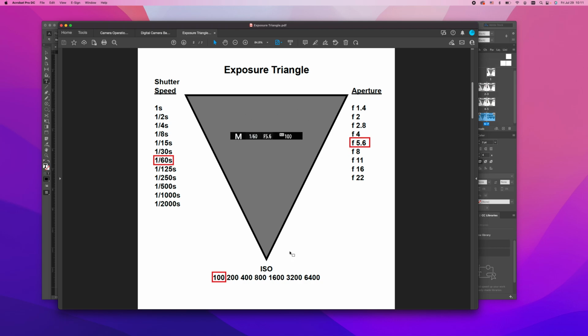Okay, so in here I have for you an example of what your meter reading would be when you consult your light meter for a particular situation, okay?